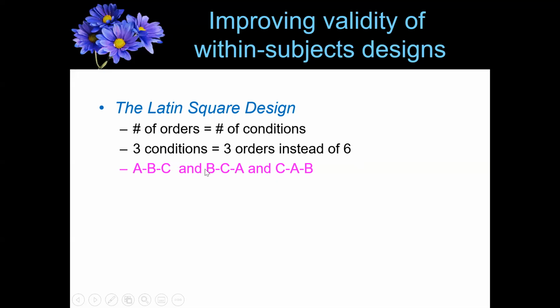Now B becomes first, and C moves from third to second, like you see here. And you get BCA, and then A goes all the way to the third position. Done. And then you do it one more time. So B gets shifted all the way to third, and then C goes to the left, and A goes to the left.